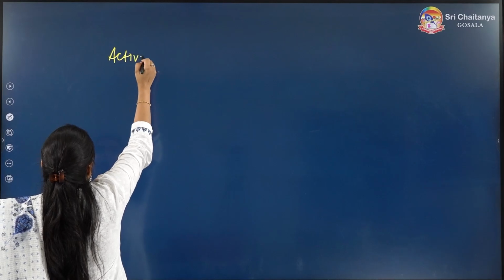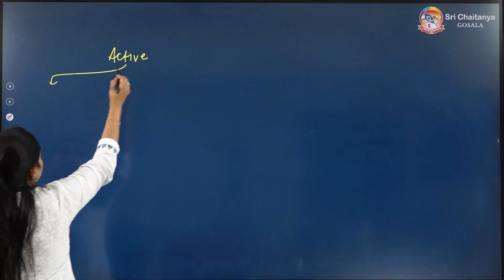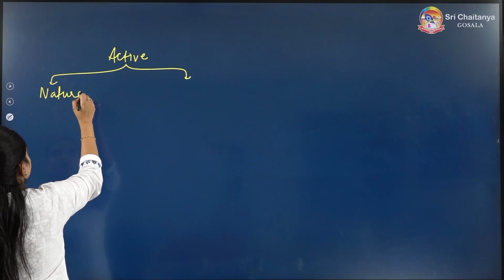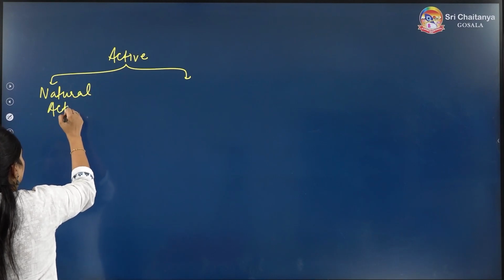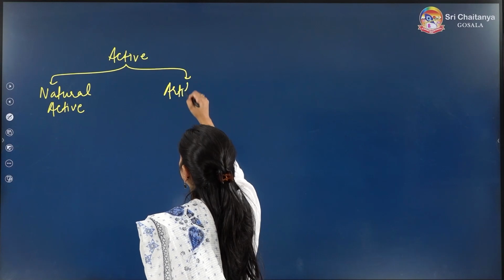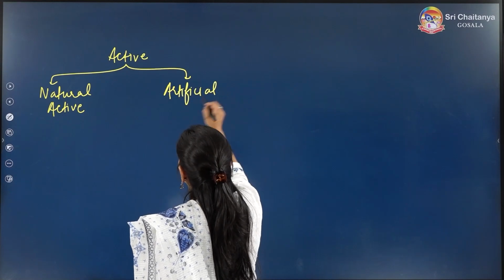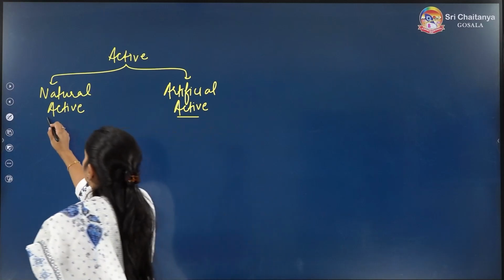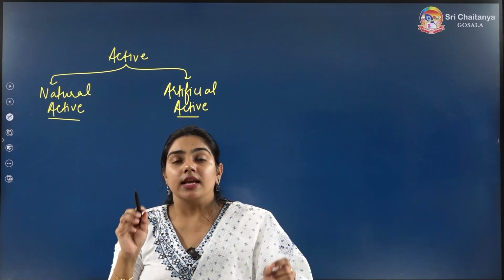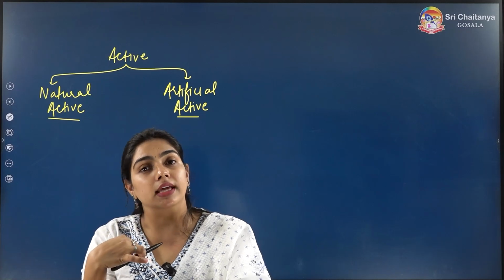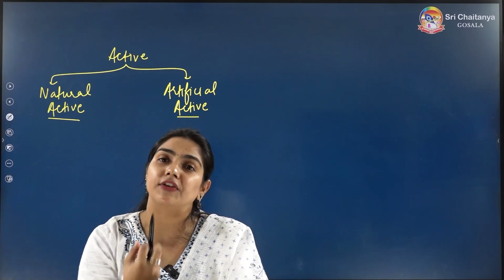Active immunity can be of two further types: natural active immunity, and artificial active immunity. Now let us suppose this pathogen is coming into my body during a natural infection.